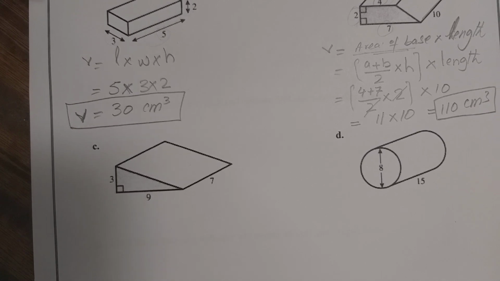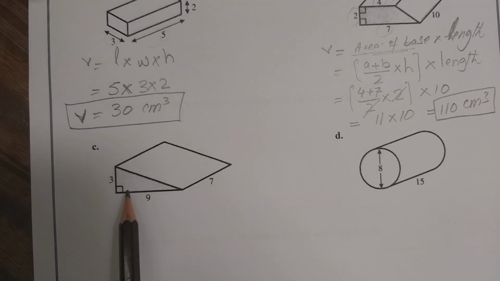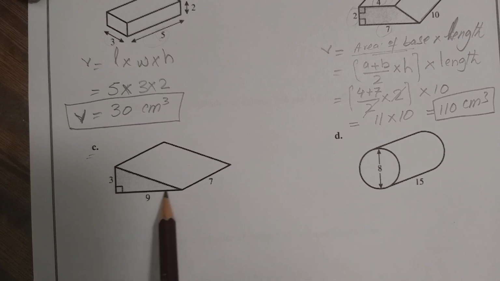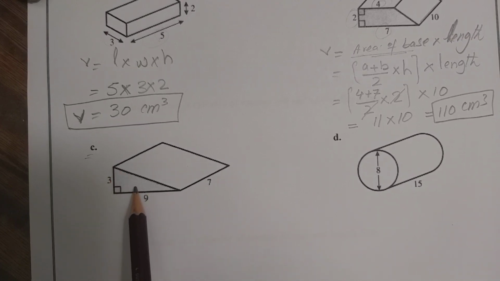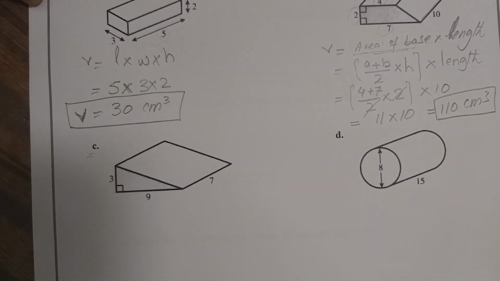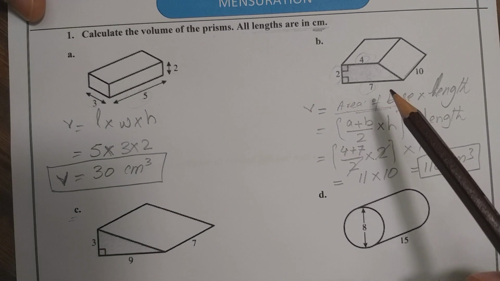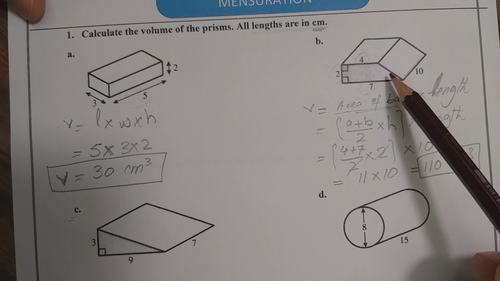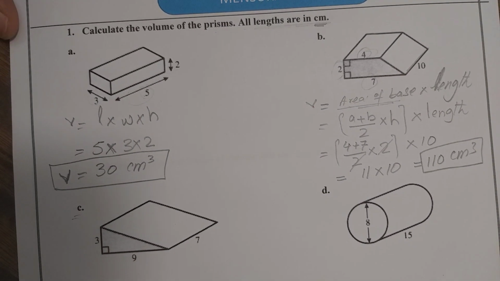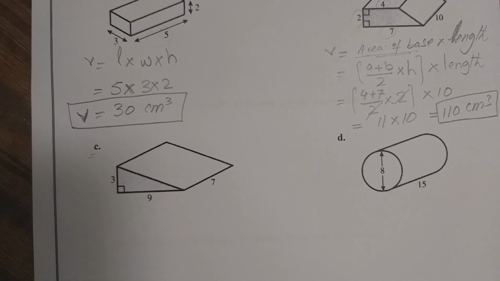Now in C, if you look at this shape, this becomes a triangle. So this is the triangular prism, this is the cuboid, and this is the trapezoid prism. In the triangular prism, we need to find the volume.